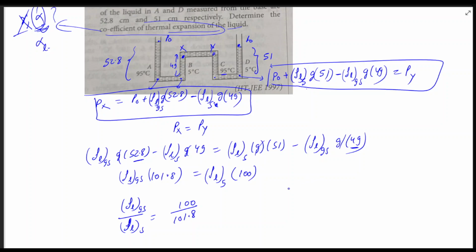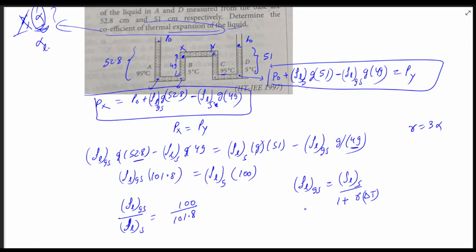Let's write the formula. Rho of liquid at 95 will be rho of liquid at 5 divided by 1 plus gamma delta T. We do not need to find gamma separately, as gamma will be 3 alpha, so we'll just write 3 alpha.